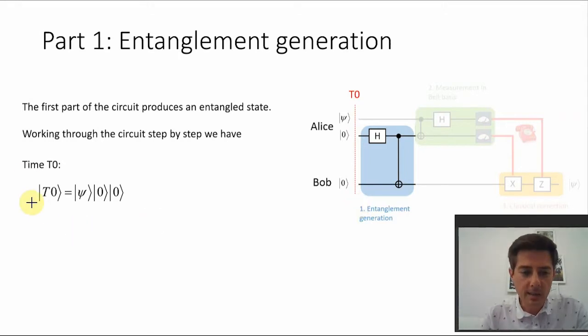Here's our initial state. We've got some state psi. These are all qubits, of course. Psi is in some unknown qubit state, and the other two qubits are initialized to the state 0. That's our initial state.